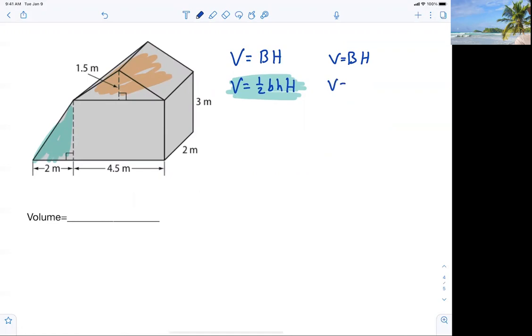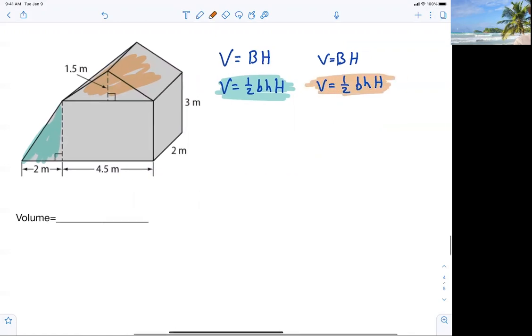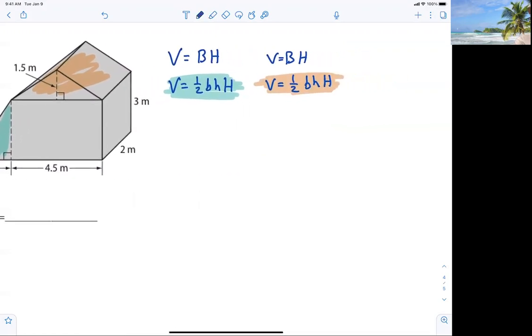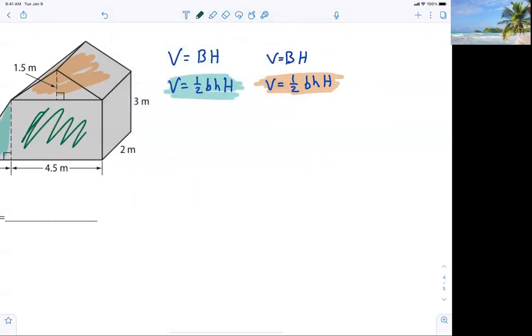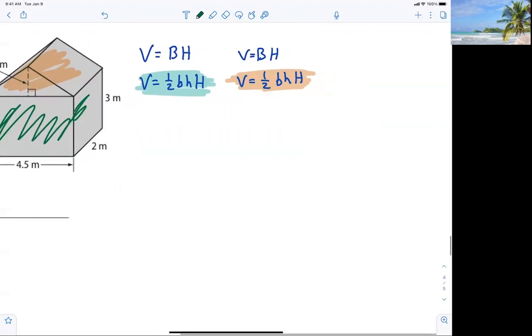So this time we're going to do volume equals base times height. I want you to put V equals 1/2 BH, capital H again, but this time we're going to highlight it with orange or whatever that color is. And then finally, we have this, which we already described as a what? Rectangular prism. So that volume again is base times height, and we said it's just base times height times height.